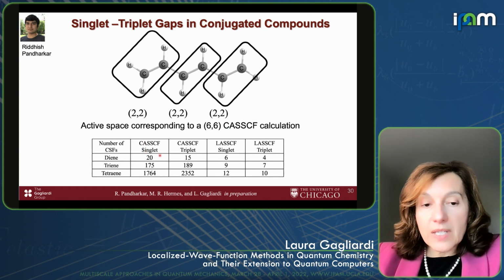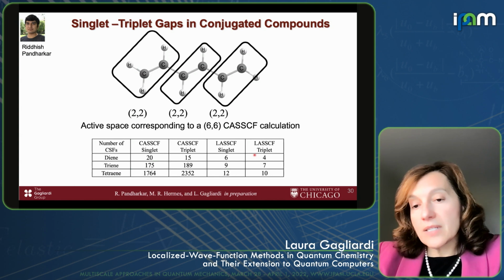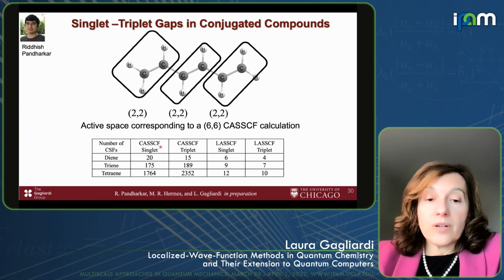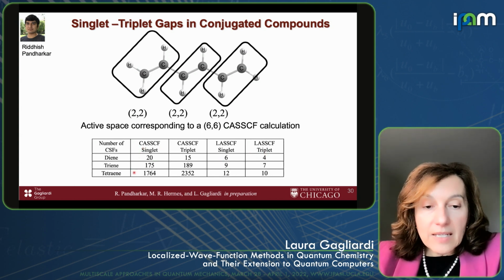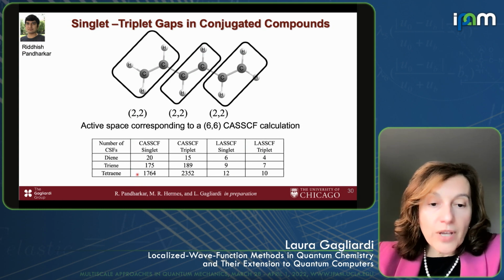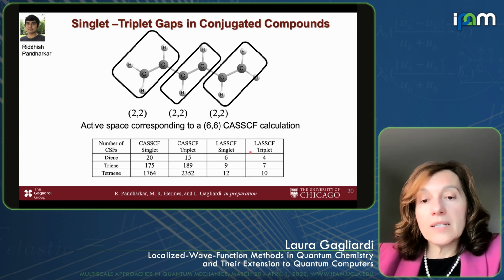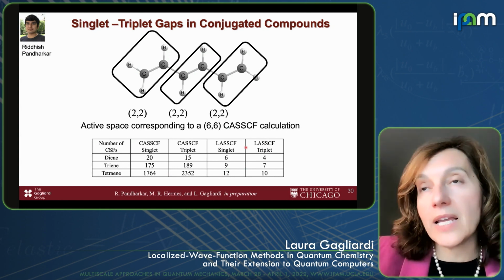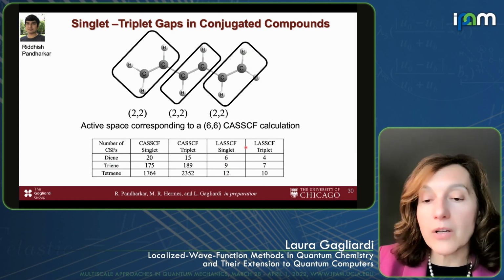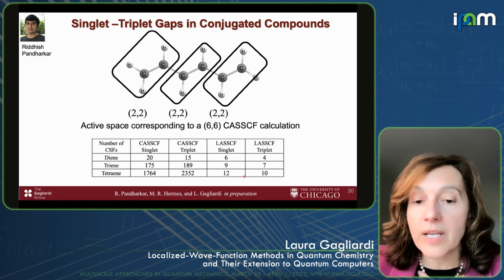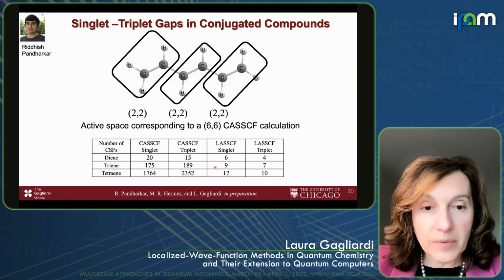And so here you see, for example, if we have just the diyne, these are the number of configuration state functions for the singlet and the triplet, and this is LASSCF. And of course, the diyne is small, but as soon as we start going to larger chains, we see that these numbers really explode, while the LASSCF maintains reasonable values. So these calculations are certainly more affordable than those.